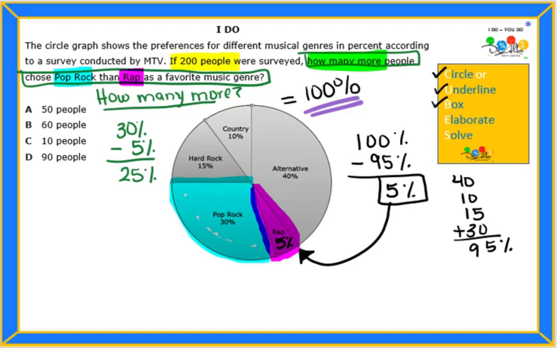So now I know that 25% more people chose pop rock over rap. But the question didn't say what percentage, it said how many. So we're going to have to take this percentage and find the regular number that represents that percentage. And for that, we're going to bring out our percent box.